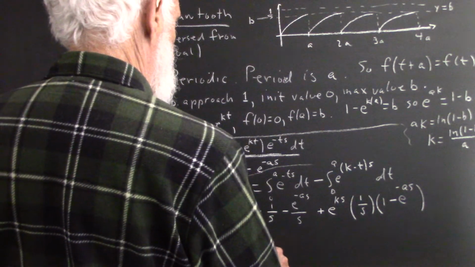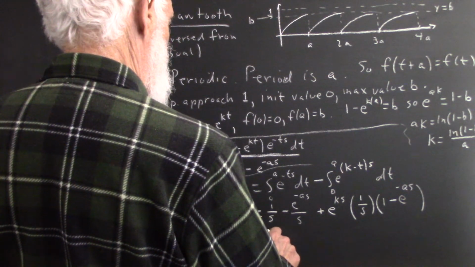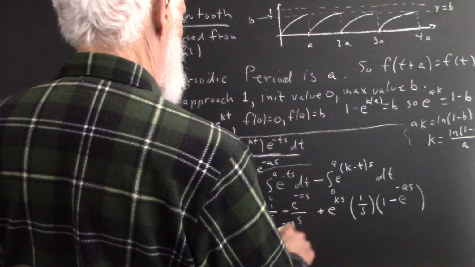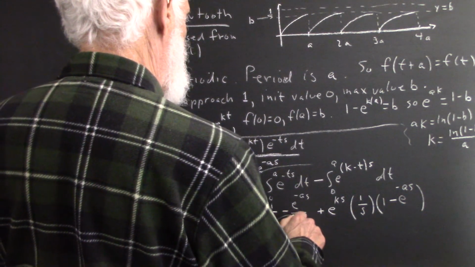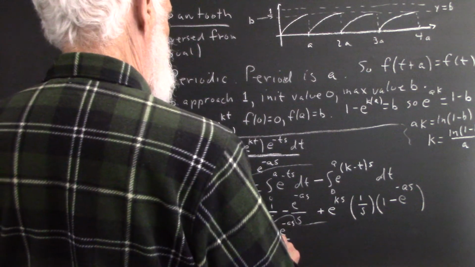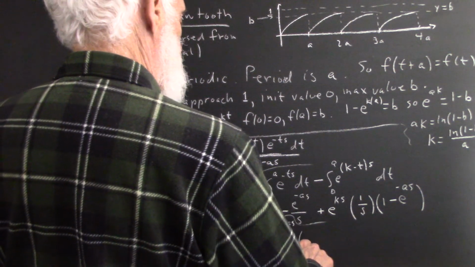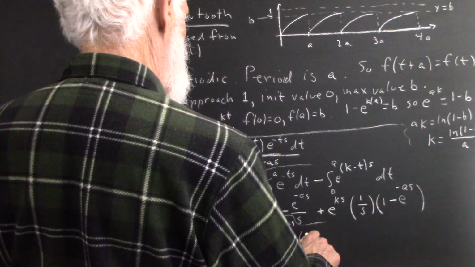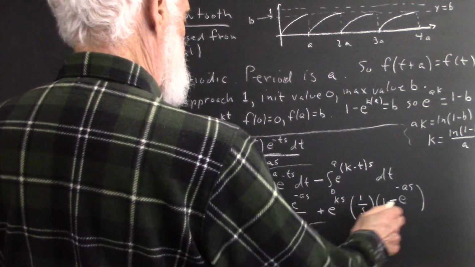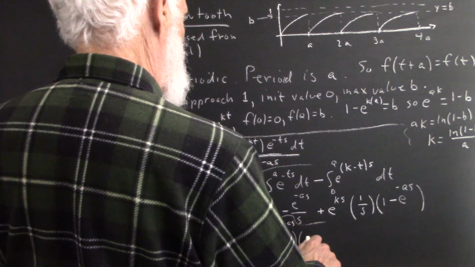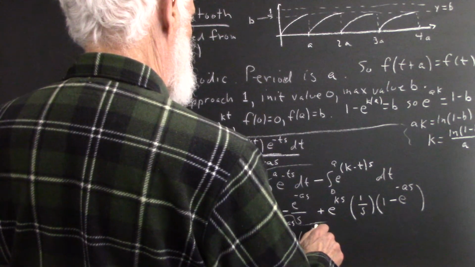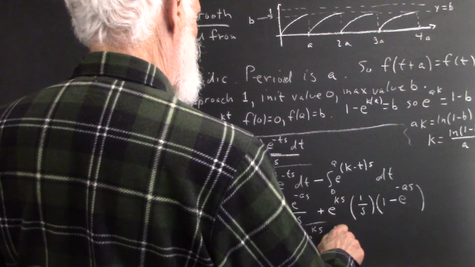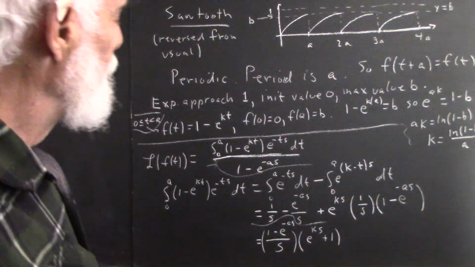I could write that as 1 minus e to the negative as over s multiplied by, that takes care of all this, multiplied by e to the ks plus 1, or something like that.